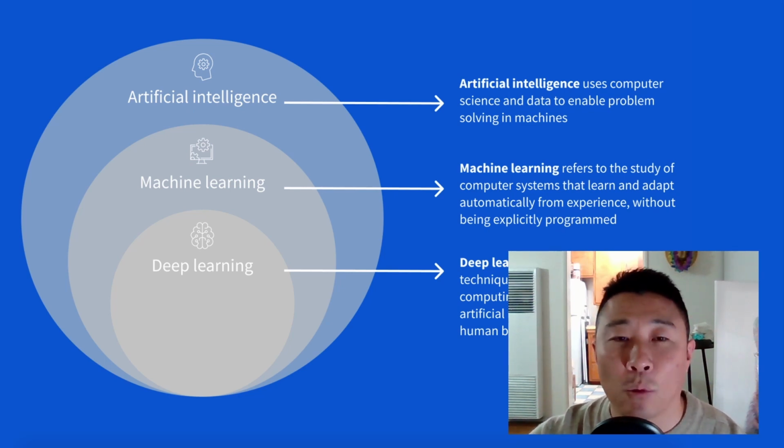And then the topic that we're really going to be diving into is deep learning. Deep learning has to do specifically with neural networks. And the most powerful AIs that we're seeing coming out today, ChatGPT and generative AI, image generation, those are all using deep learning neural network models.